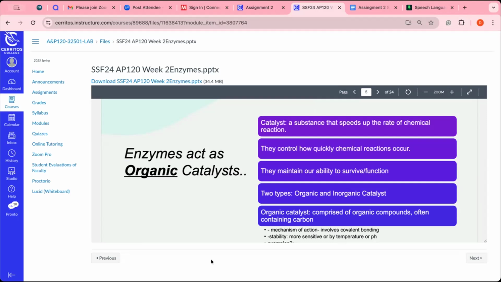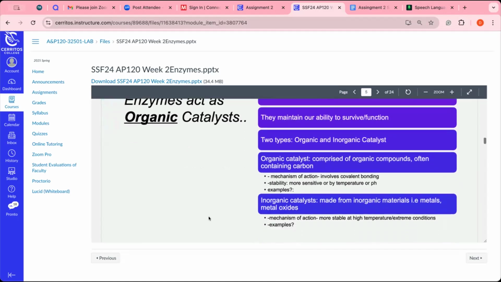The stability is that the enzymes are more sensitive to what's going on based on the temperature or the pH, the acidity level.